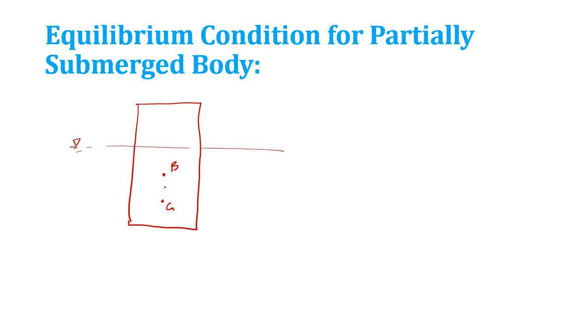So in this case, only buoyancy, center of buoyancy and center of gravity will not help us to determine the equilibrium condition. For this, we have to learn one more concept that is called a metacenter. Let us try to understand what is metacenter.